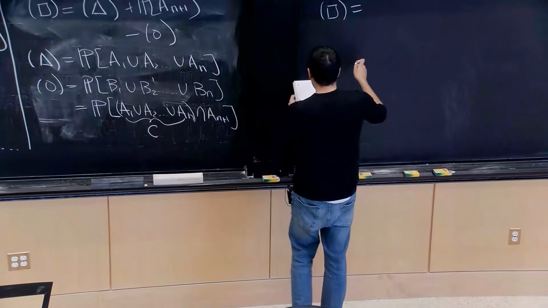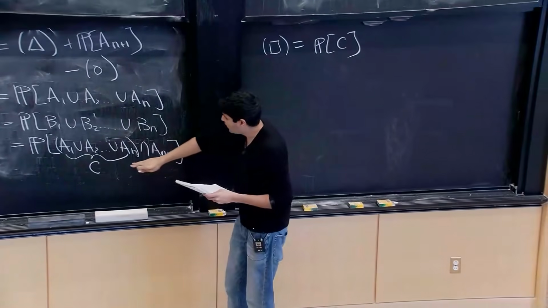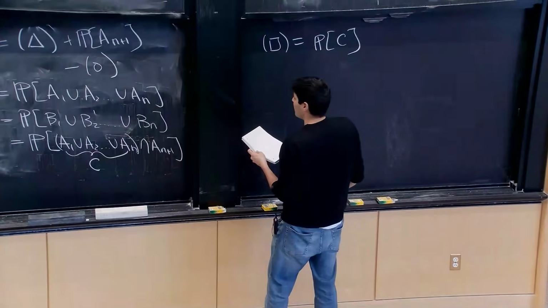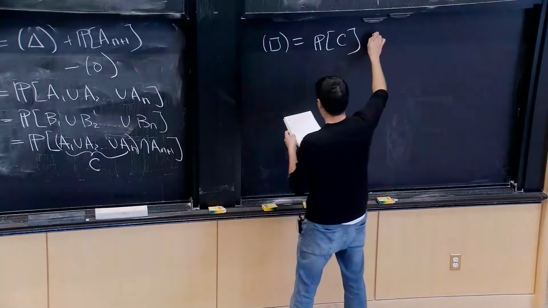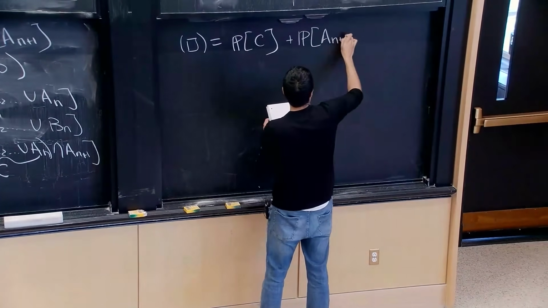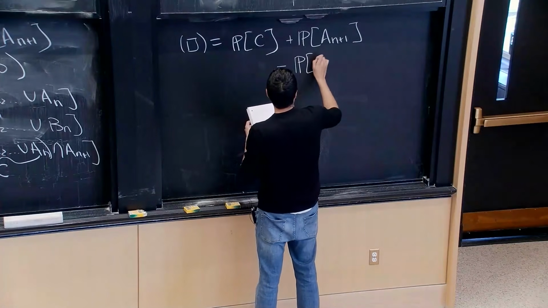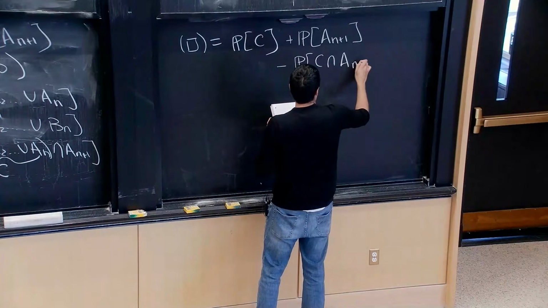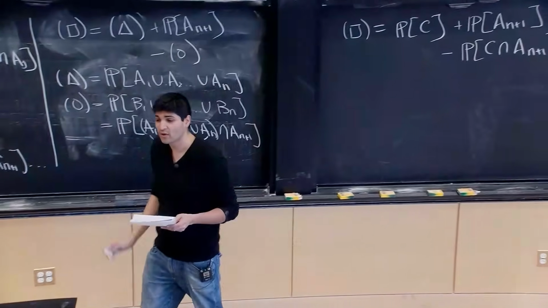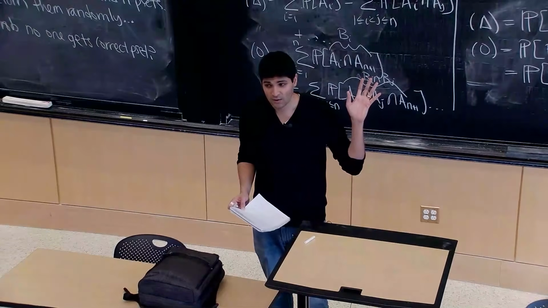This triangle is just the probability of the event C. That's how we defined what C was. It was just the first n events. And then what do we have? We have the probability of A_{n+1}. And then we subtract off the probability of C and A_{n+1}. I'm just putting everything we know together. So does this make sense? Why am I done?